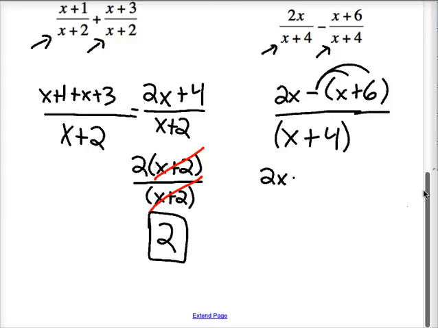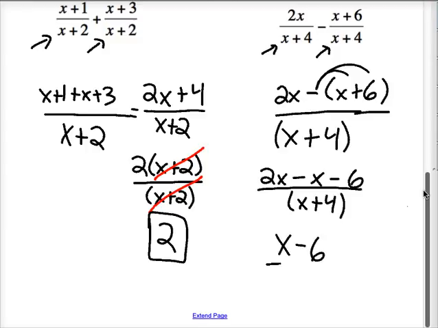So that is really a 2x minus x minus 6 on the top. So that's the biggest thing to remember in this section is you need to distribute that negative throughout the numerator. Okay, but once you've done that, 2x minus x is x.